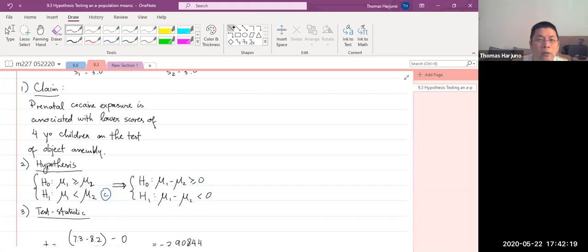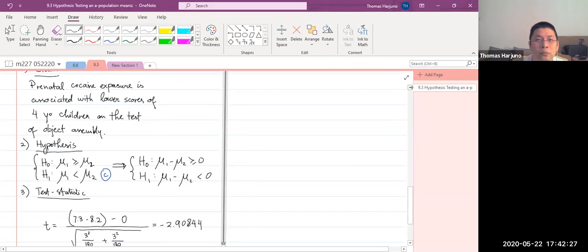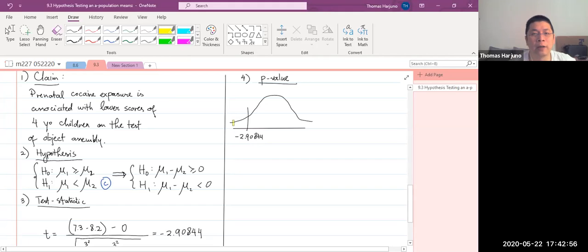Now then, go to step 4. That's the left tail of the t distribution. That's negative 2.90844. Is it? Okay. And it's only one tail because it's a left tail, right?